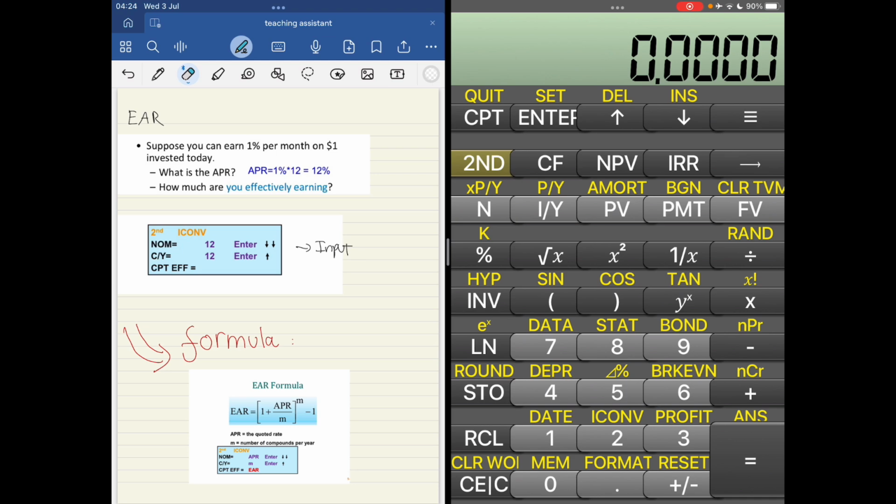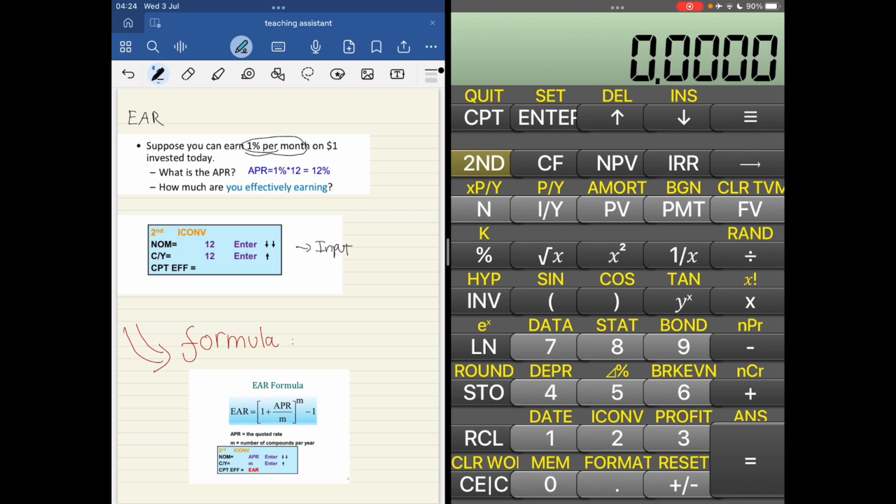Let's look at this example. Suppose you can earn 1% per month on $1 invested today. What is the APR? So what number can we analyze? We earn 1% per month.